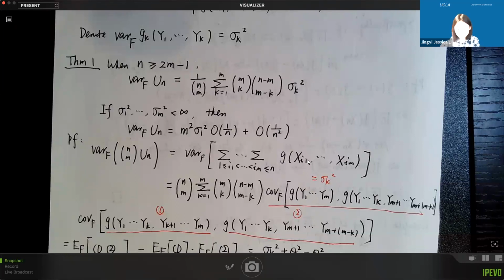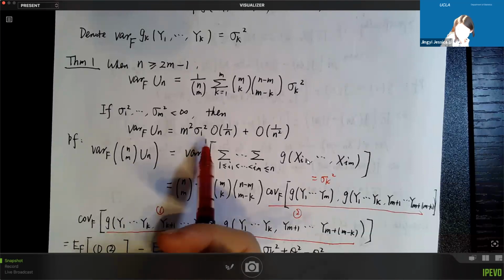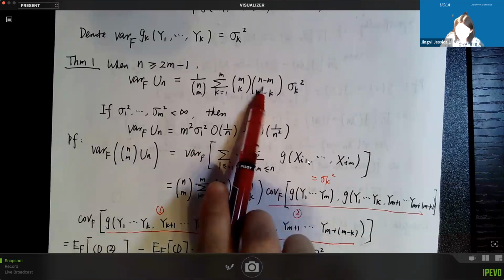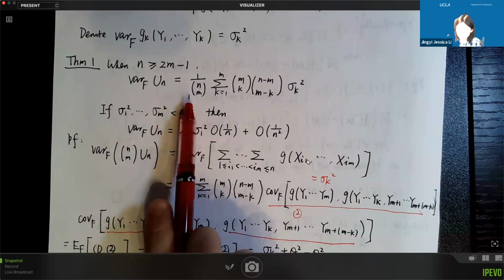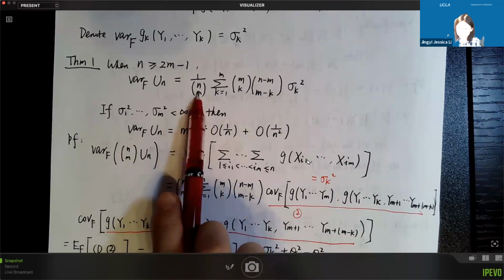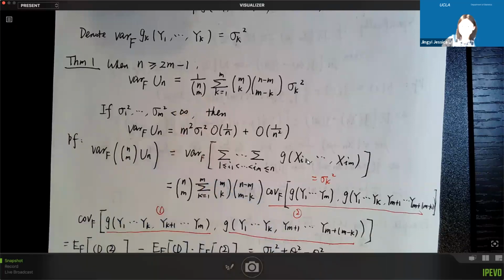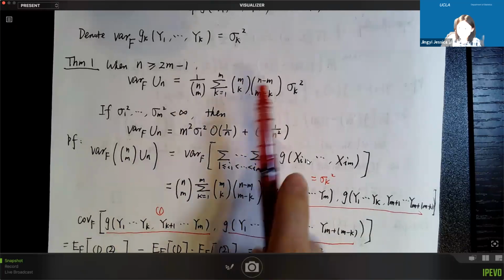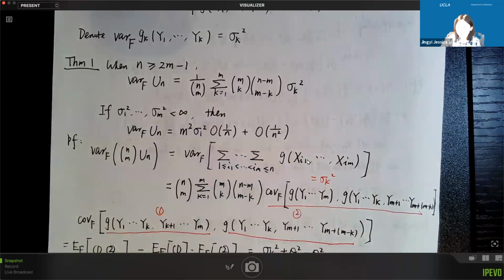Now, I'm going to skip this derivation. It's algebra. You expand the combinatorics numbers into factorials. For example, n choose m is n factorial divided by m factorial times n minus m factorial. You do the same thing for the other numbers, and you cancel whenever you can for terms related to n.